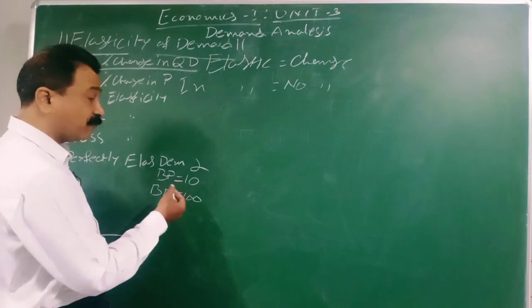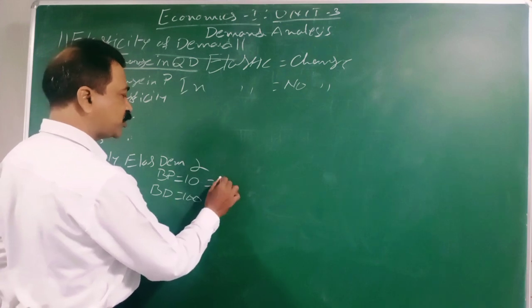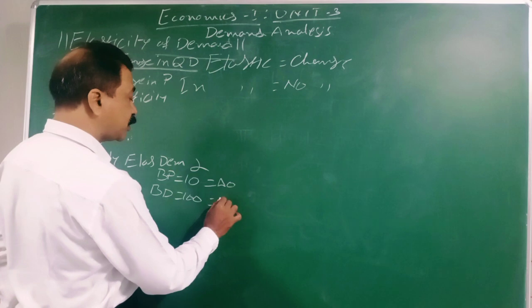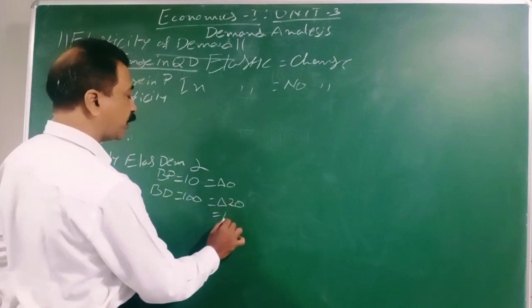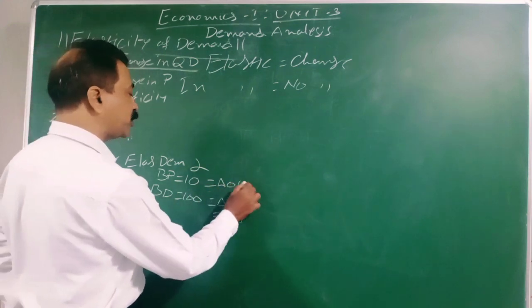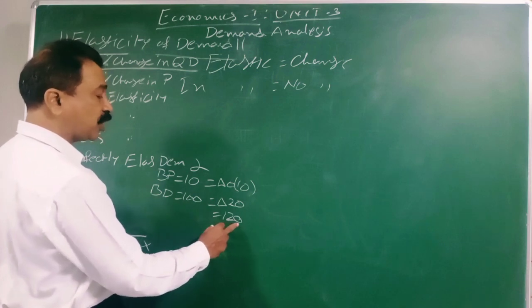There is no change in the price, the change is 0, but all of a sudden it is 20 more, meaning it has gone to 120. See, the price is the same 10 rupees, but demand for the commodity all of a sudden increased to 120.